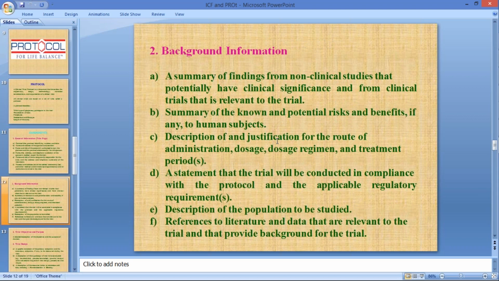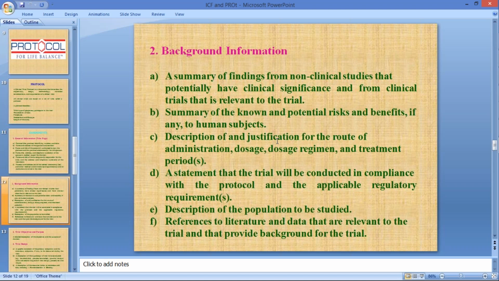So a summary of findings from non-clinical studies which potentially have clinical significance, and a summary of known potential risks and benefits, if any, to the human subjects. The background information means whatever information we get from the preclinical studies that potentially has significance, and we also get background details from previously conducted clinical studies.